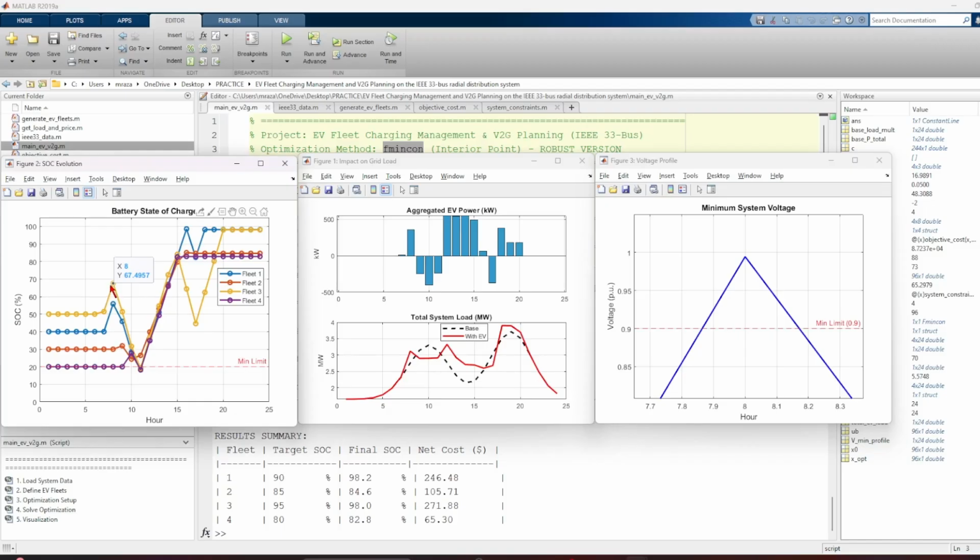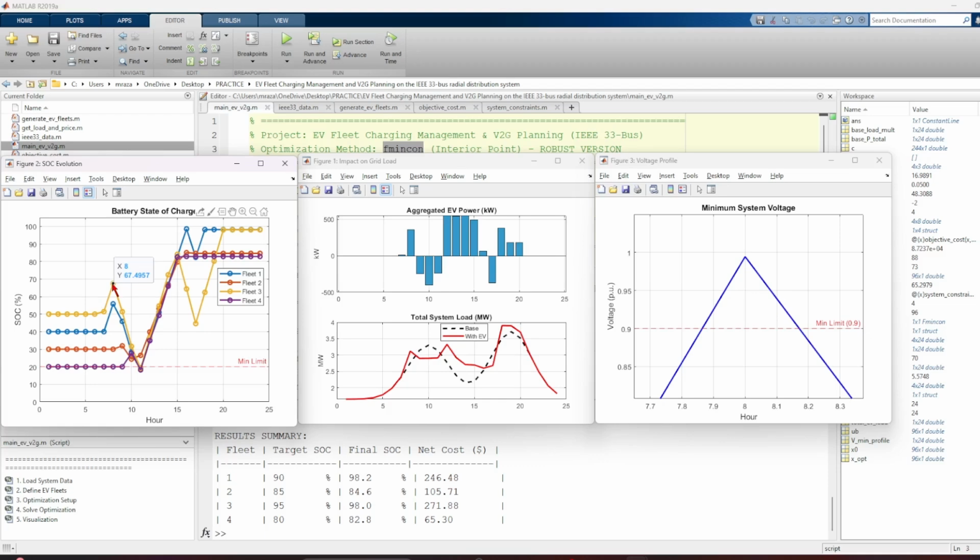Notice right over here that on the x-axis we have from 1 to 24 hours. From 1 to 7 hours, we are going to charge our fleets, and at the 8th hour you can see there is a peak.